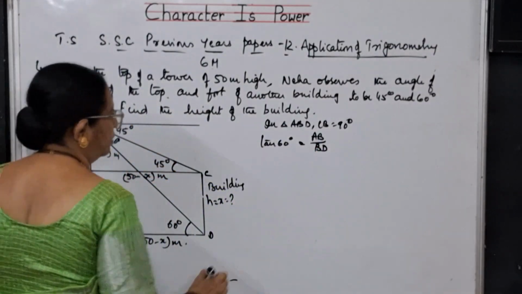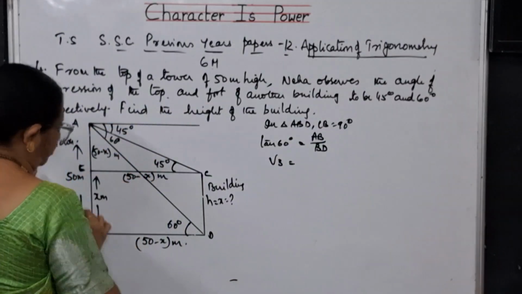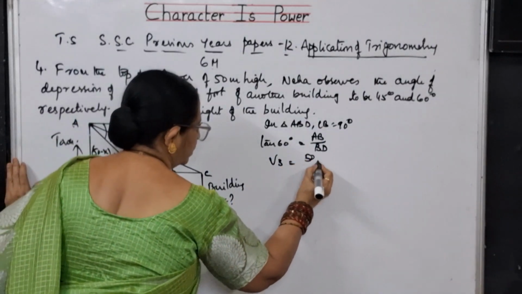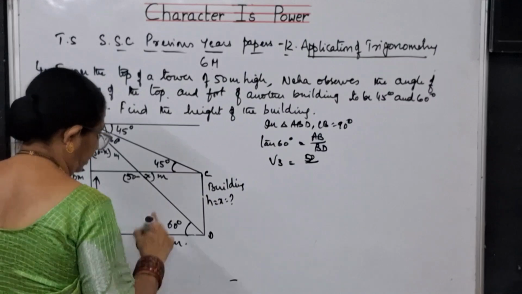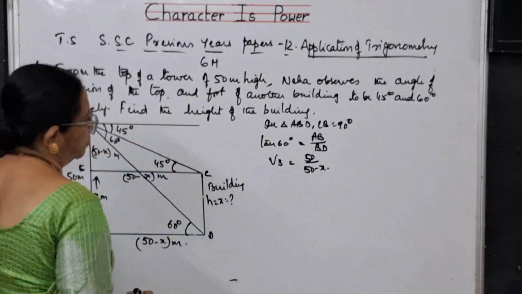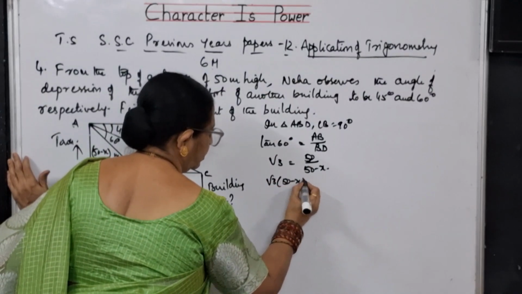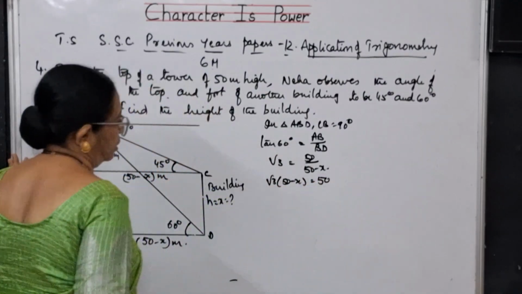Now, what is tan 60? Root 3 is AB, what is AB? 50, by what is BD? BD is 50 minus x. So that means root 3 into 50 minus x is equal to 50.